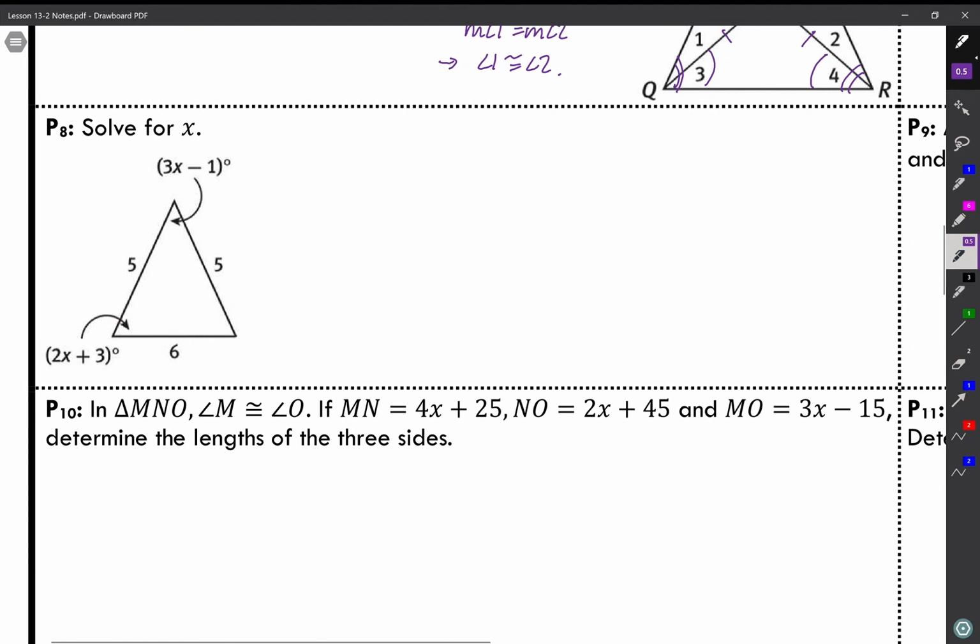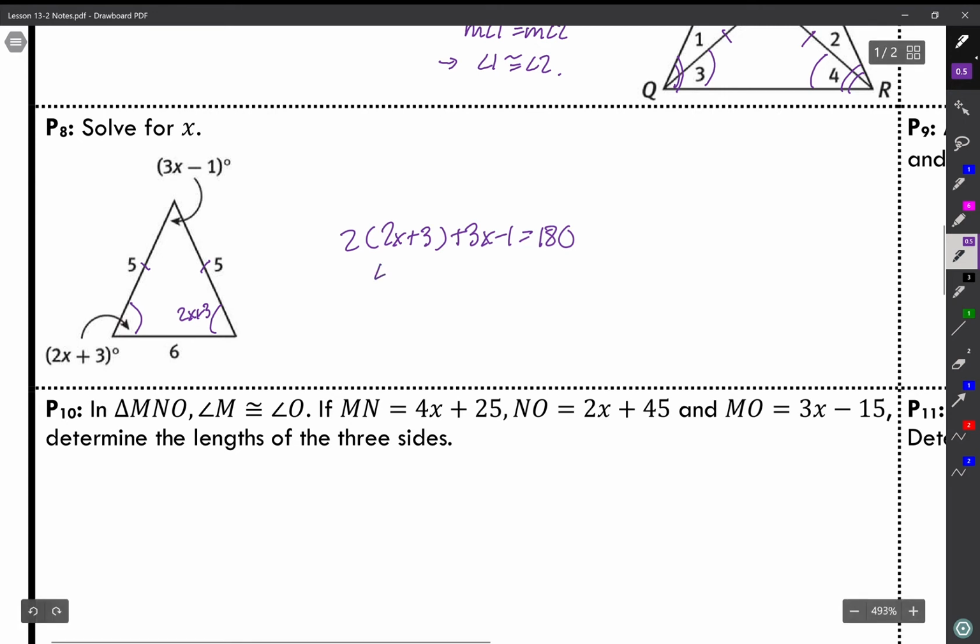Alright, so this is an isosceles triangle based on the fact that those two sides are both 5. So that means these two angles have to be equal. So our equation we can do is add all three of the angles up to 180, because I know this one will also be 2x plus 3. So I can say that 2 times 2x plus 3, plus 3x minus 1, is equal to 180.